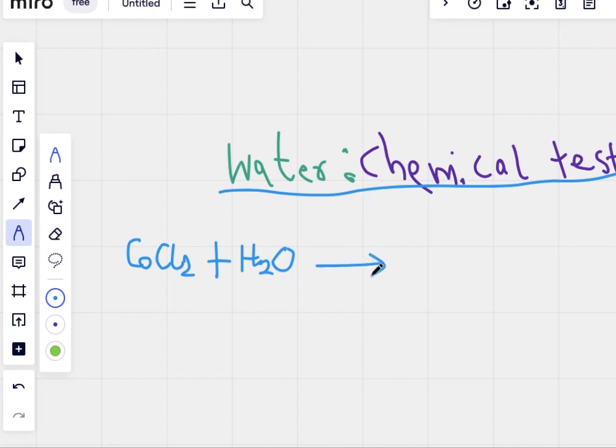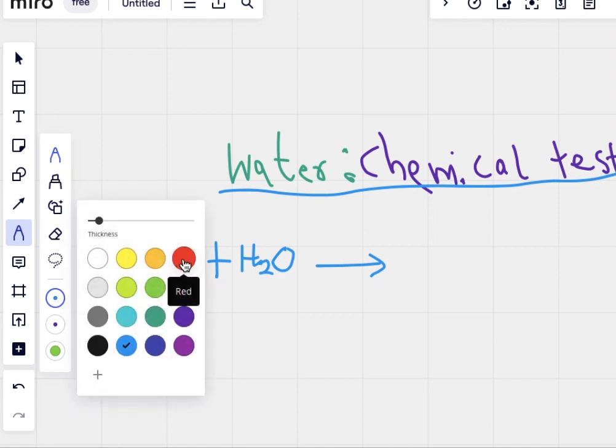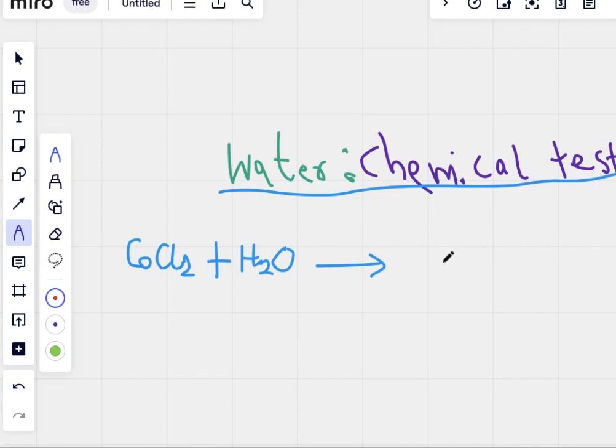If it reacts with water, it becomes hydrated cobalt 2 chloride dot 6H2O, and the color changes from blue to pink.